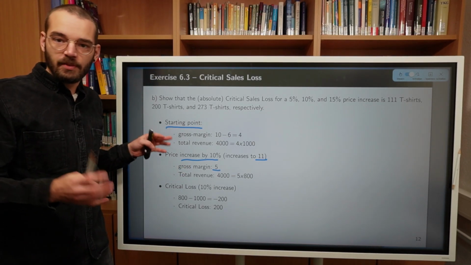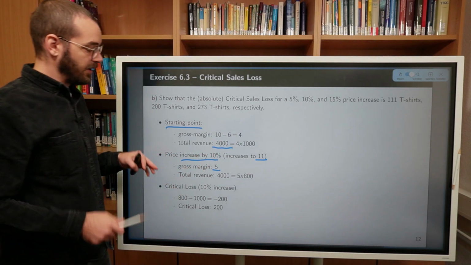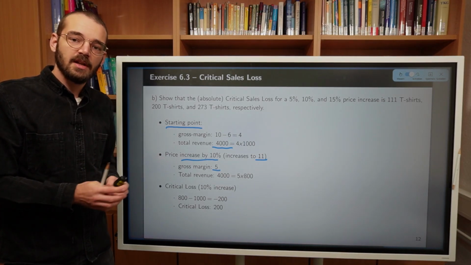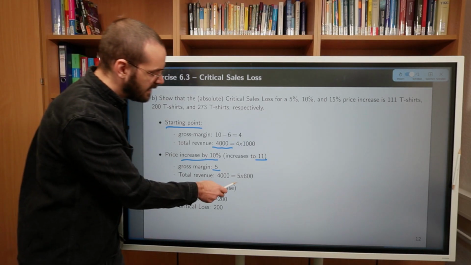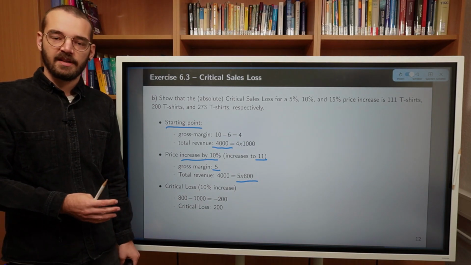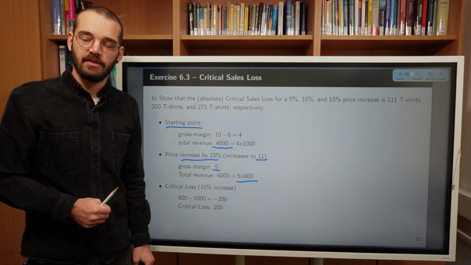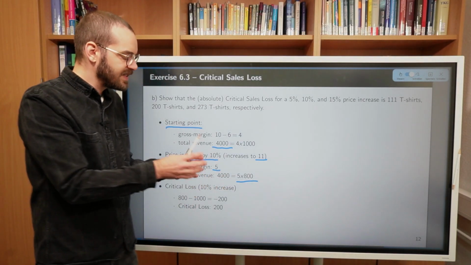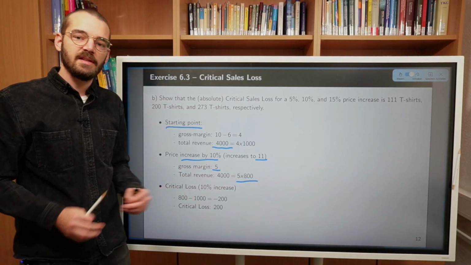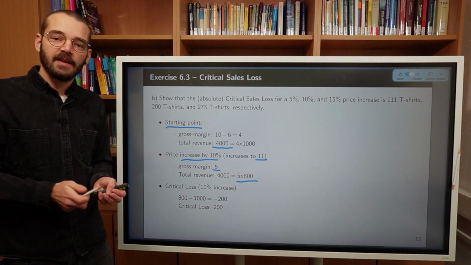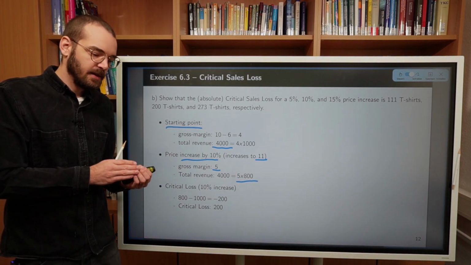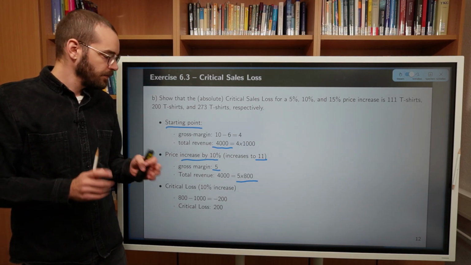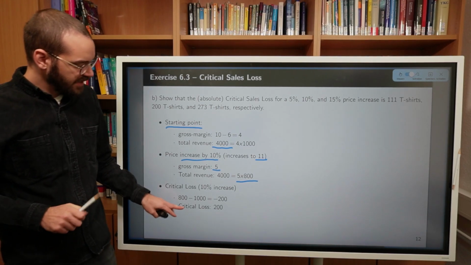So the profits in the benchmark situation, 4,000, we are now earning a gross margin of 5 for each t-shirt, so we would need to sell at least 800 t-shirts after this price increase. For if we sell at least 800 t-shirts in this comparison situation, well, then we have at least equal profits, right? So we have now found the critical sales loss.